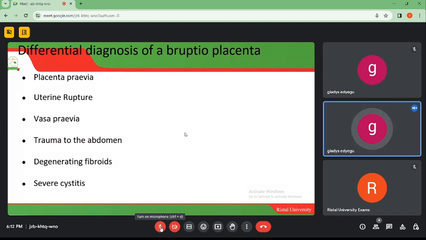When the uterus has ruptured, the mother can also bleed, also cause bleeding in the abdomen. And the bleeding may come from any site of the abdomen if there is trauma, and yet it's not actually directly onto the placenta. But you may think it's a placenta abruptio, and yet it's not.